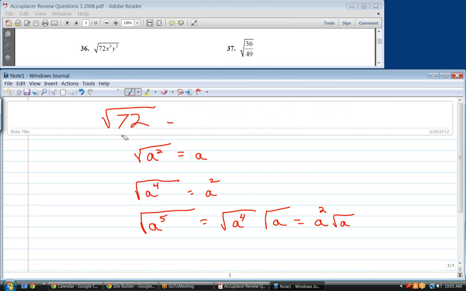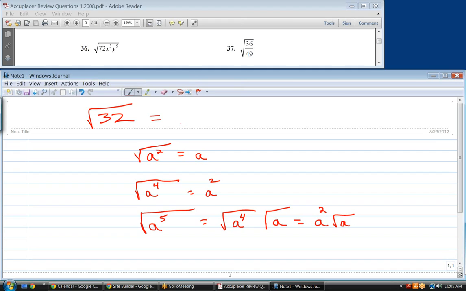Similarly, if I had a problem like the square root of 32, I would look for factors of 32 where one of them is a perfect square. Now, that can be 4 and 8, and 4 is a perfect square, but it can also be 16 and 2.